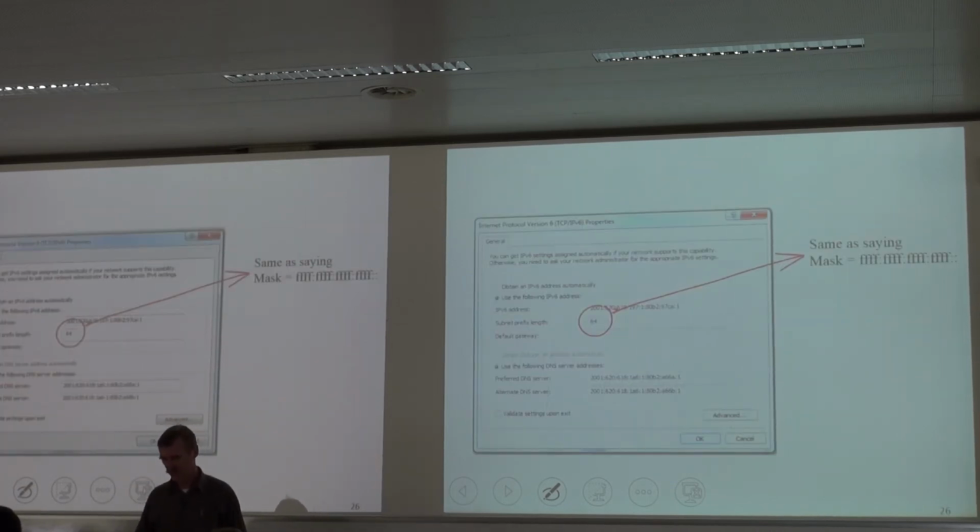For example, on my machine at some point in time, it used this convention for IPv6. Instead of giving this lengthy sequence of Fs, it asks me what is the subnet prefix length. But not all machines behave the same. Sometimes the smart ones will ask you a length for IPv6. The non-smart ones will insist that you type in a mask with Fs.